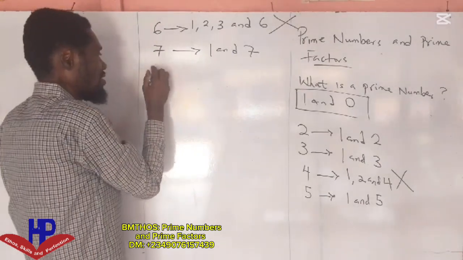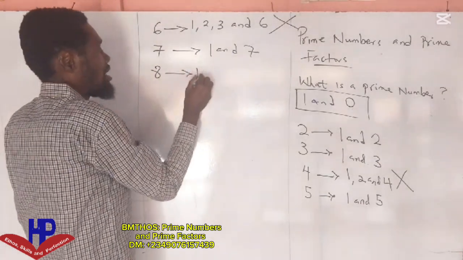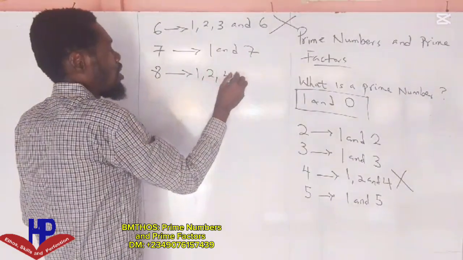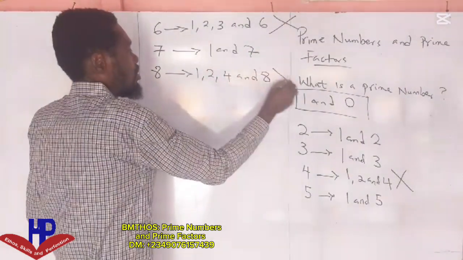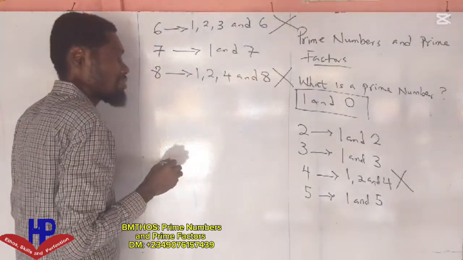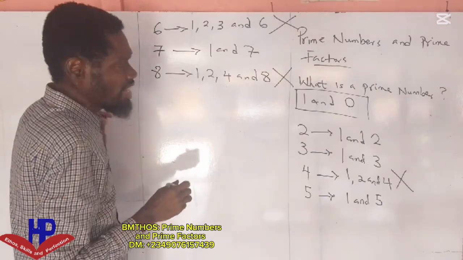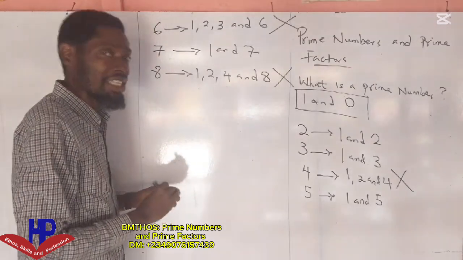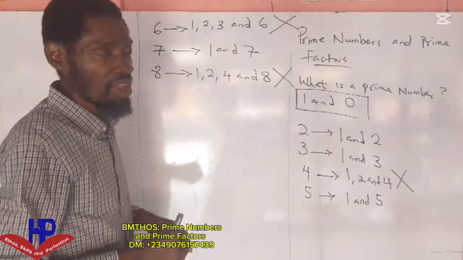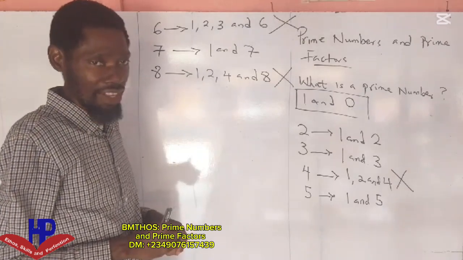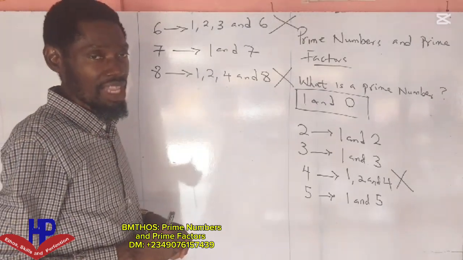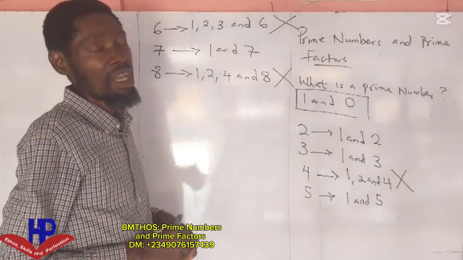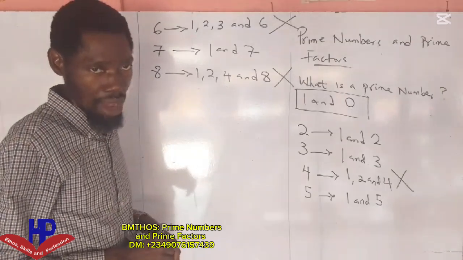Let's see, 8. 1, 2, 4, and 8. So 8 is not a prime number. So any number that has 1 and itself as the only possible divisors is considered a prime number.